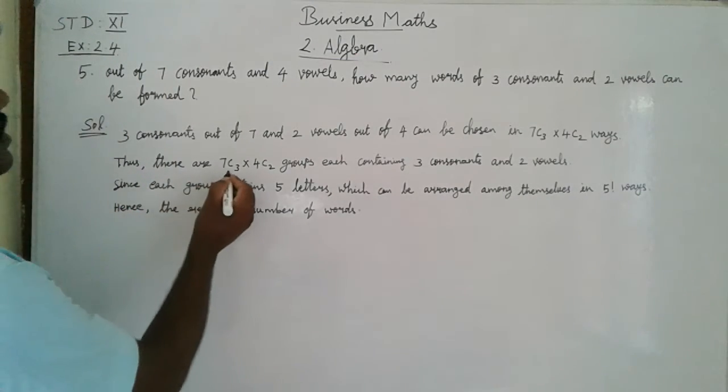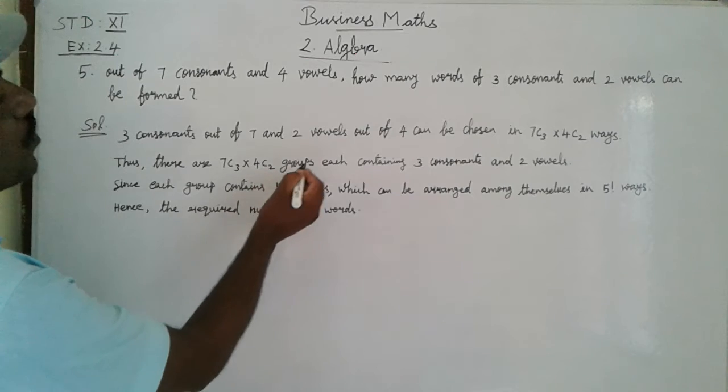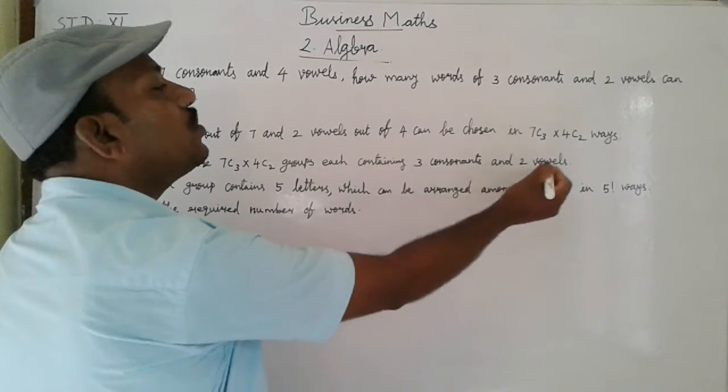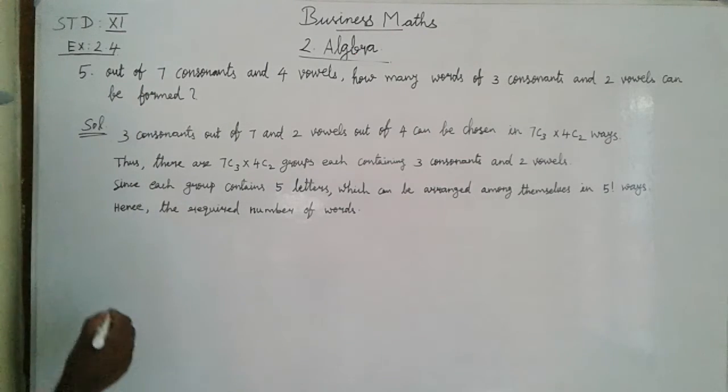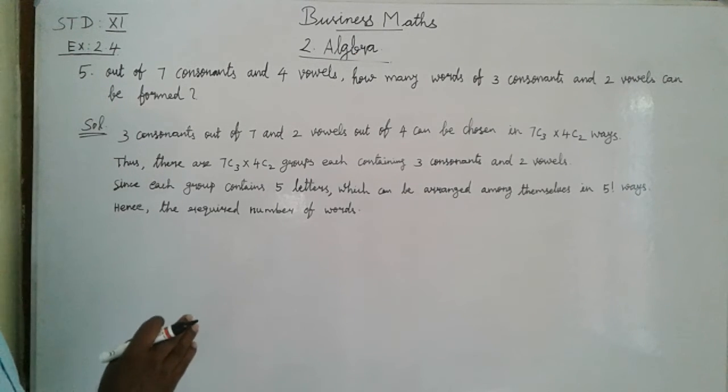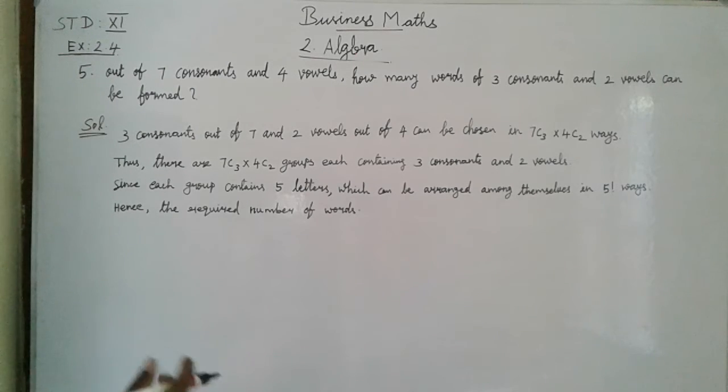Thus there are 7c3 into 4c2 groups, each containing 3 consonants and 2 vowels. Since each group contains 5 letters, how many letters? Each group of 5 letters can be arranged among themselves in 5 factorial ways. Why?